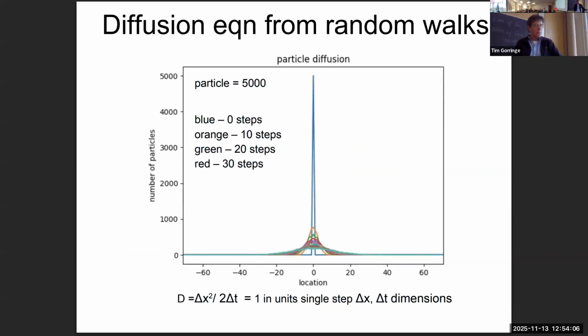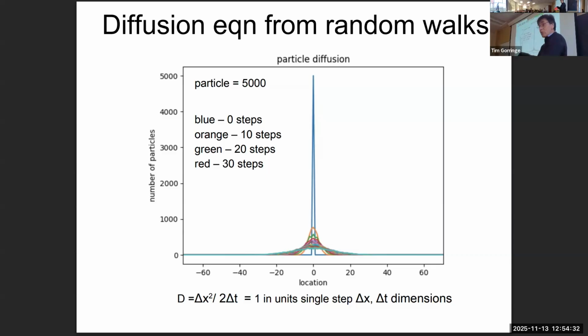Okay. This was just a sketch I made of diffusion based on the random walk material that we did sometime earlier on in this class. So we would start a particle randomly walking in space, and we would follow how it diffused away from the origin.